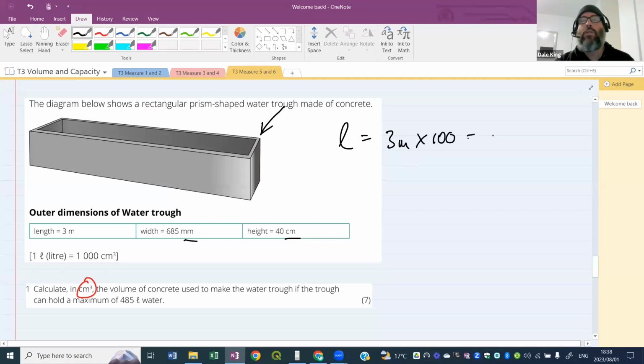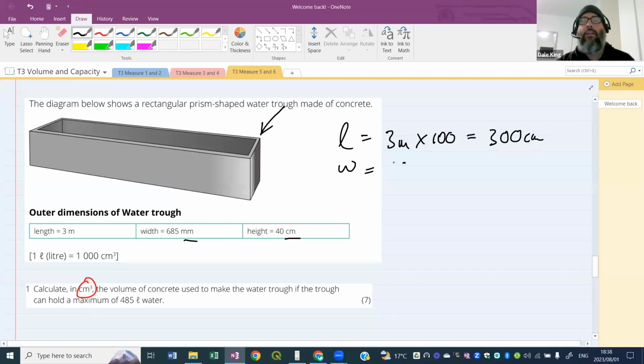Convert everything first to centimeters. So that's 300 centimeters. All right, what's next? Kagiso, check your screen, there's a little option to unmute.